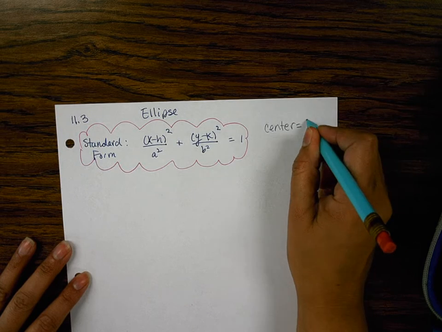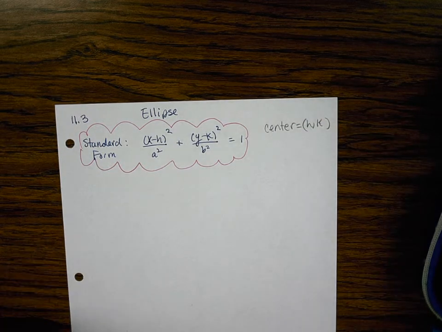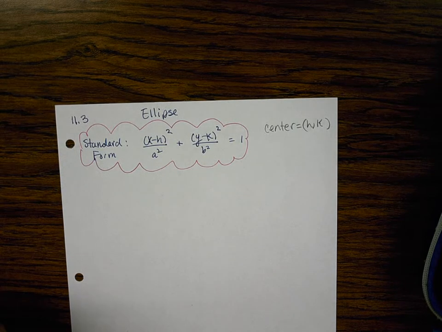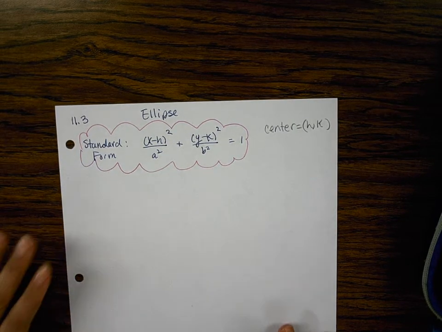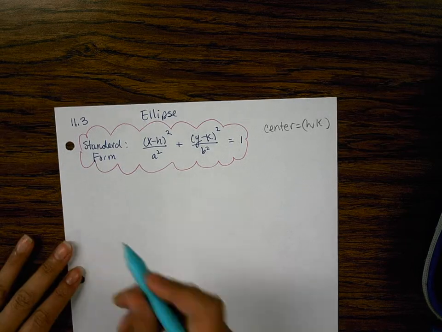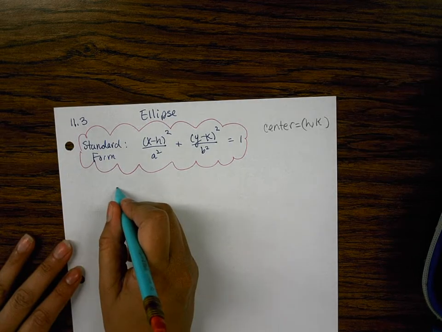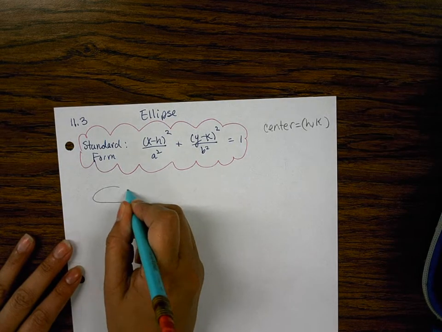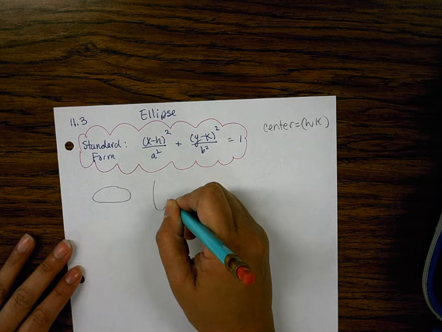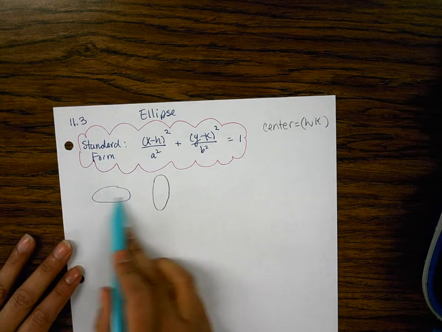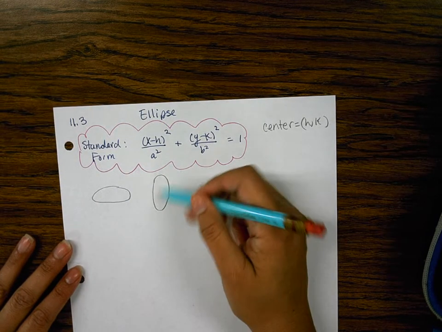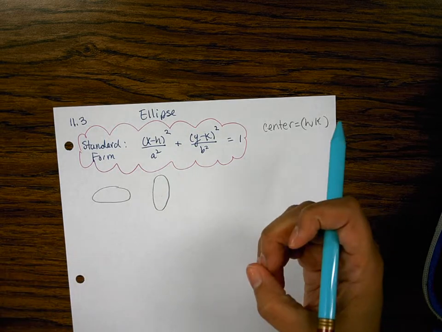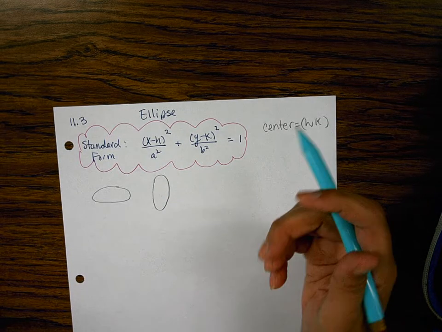Okay, when it's written in this form, your center is (h, k). We're going to go over a graph in just a little bit, but sometimes your ellipse will open wider this way and sometimes that way, wider right and left or wider up and down.